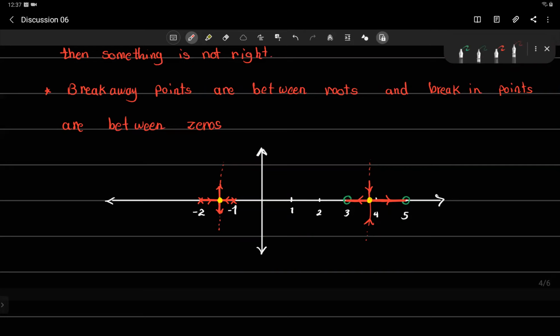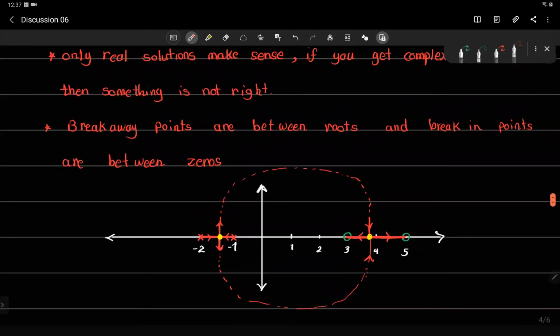Putting that together with the information that the root locus has to approach these breakaway points perpendicularly, we know that the root locus will do something shaped like this. It will somehow come around over here, and because of the mirroring, it will also come around here. And so this is a quick sketch of what happens in this case when we have 3 and 5 and -2 and -1.